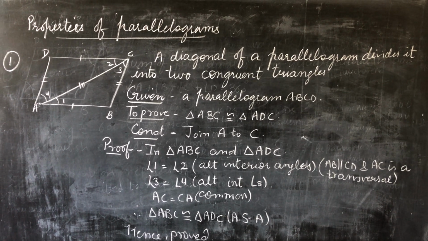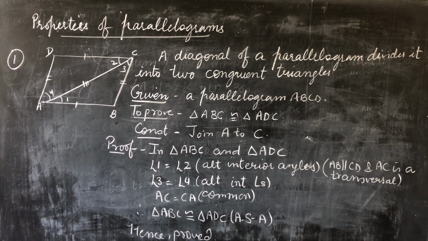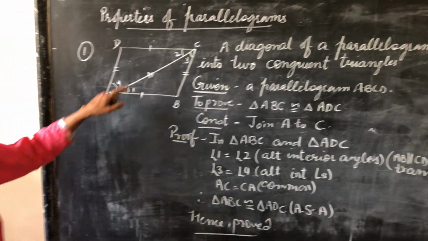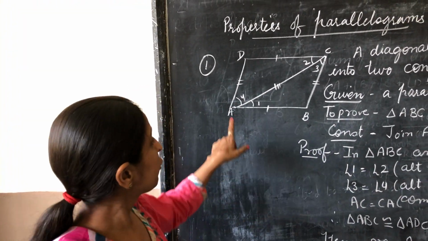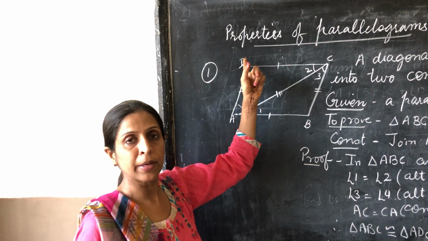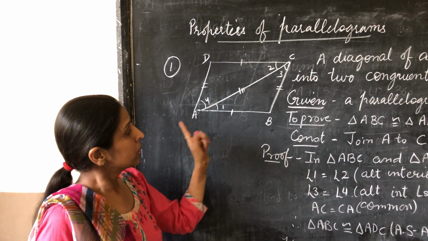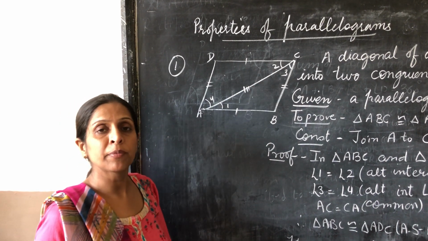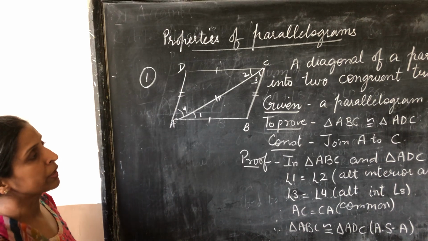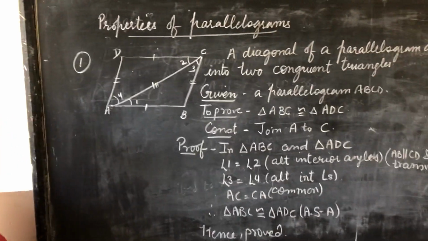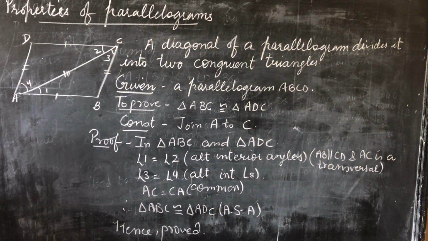If each pair of opposite sides of a quadrilateral are equal, then it's a parallelogram. Same way, if opposite angles are equal, it's a parallelogram. These are the properties of a parallelogram which are given in the book, right? So these properties we will be going through, and we start exercise 8.1.